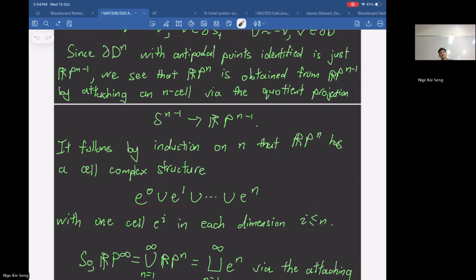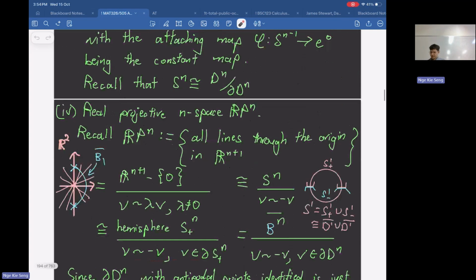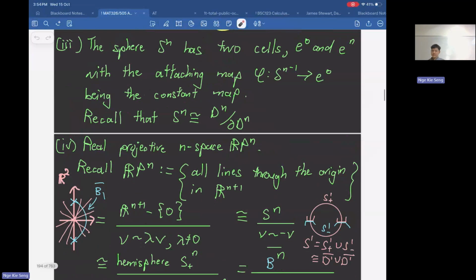Yes, sorry. Which one? This one, why? I think you need to write down the homeomorphism. I think there's one way, and this is the other way. Wait, let me think.